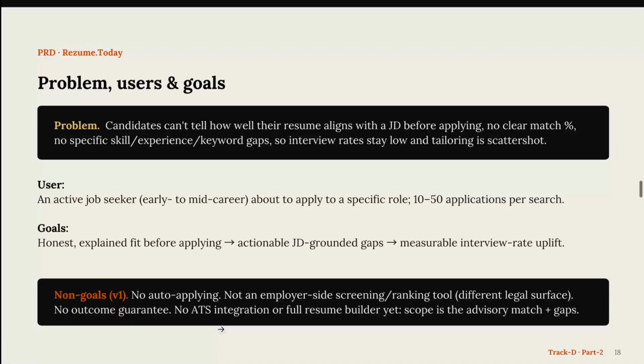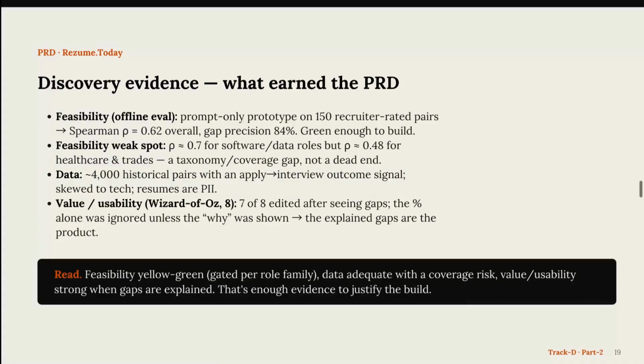Discovery evidence, how do we collect the discovery evidence? We are saying we will only do a feasibility test through offline evaluations. We'll do a prompt-only prototype on 150 recruiter-rated pairs. So we'll go to recruiters, we'll collect the resumes and the job descriptions which were successfully accepted, and the ones that were rejected.